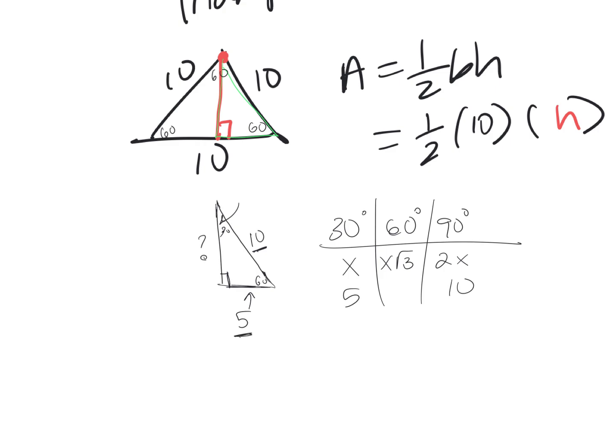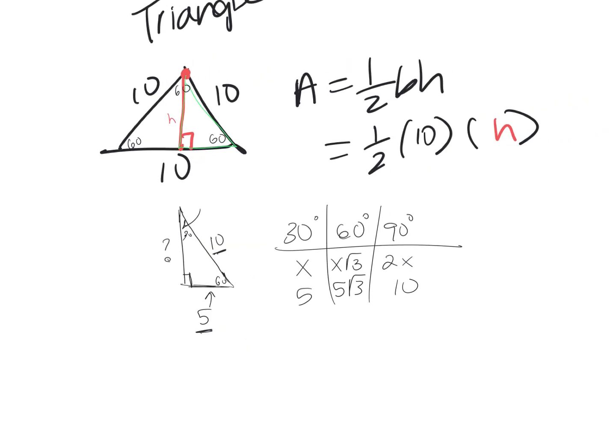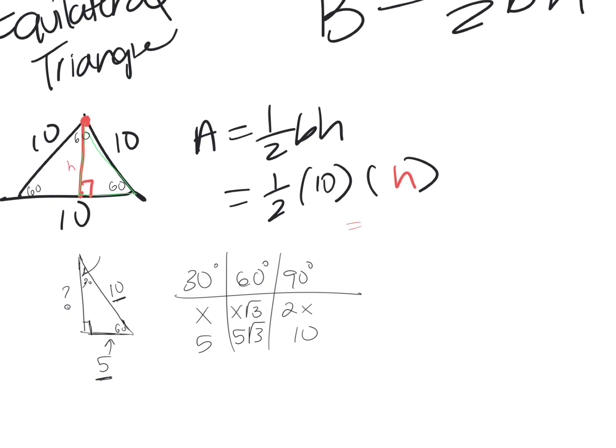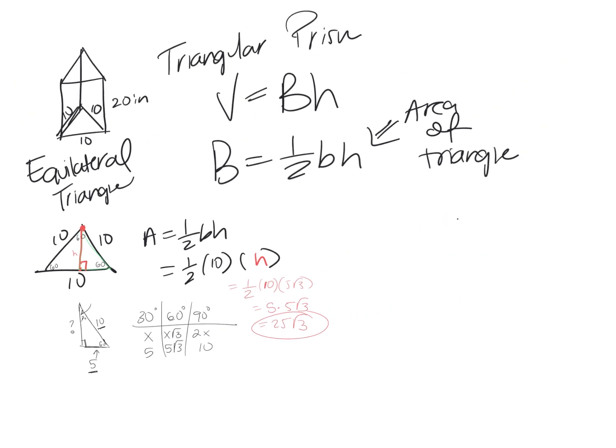So what is this side? 5 square root of 3. That's our height. So we're going to do 1/2 times 10 times 5 square root of 3. Half of 10 is 5 times 5 square root of 3. We got 25 square root of 3 as our area. That's our capital B.